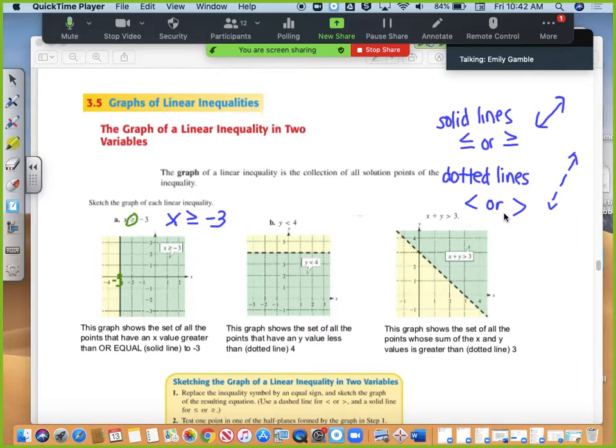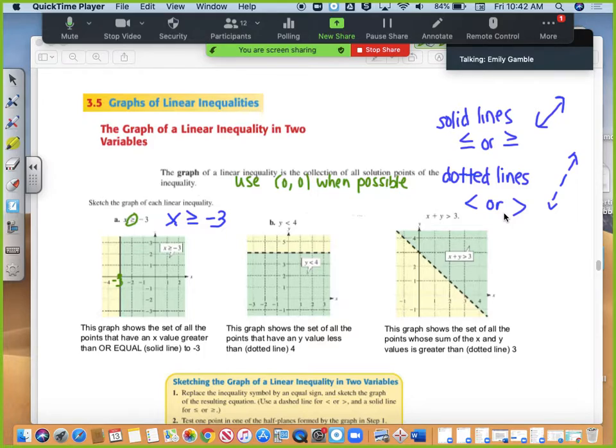The last thing we have to do is then shade a region. So when we're shading, my favorite point to use is 0, 0. And I'm going to say when possible, because you can only use 0, 0 if it is not a part of the actual line. Sometimes 0, 0 is a part of the line, and then you can't use 0, 0.